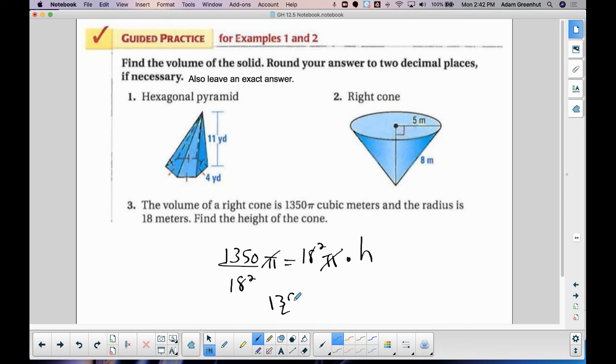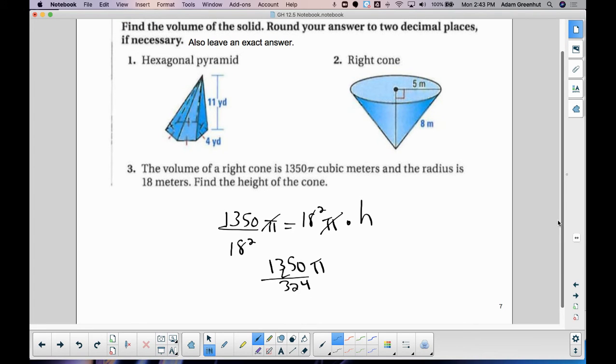So it'd be 1350 pi over 324, and then I'm getting 25 pi over 6. That would be exact for my height. And then times pi, which is approximately 13.09, and that would be meters.